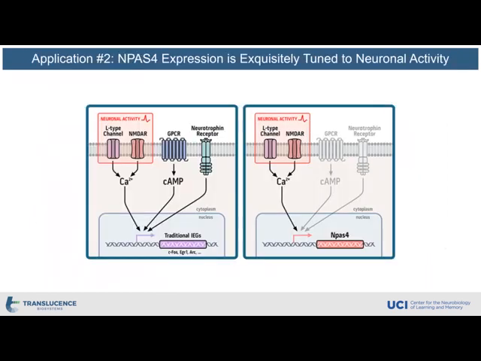Okay, so let me now transition and tell you about a second application that we have made of brain clearing technology. And in this case, we're going to move from neuroinflammation to neural activity.